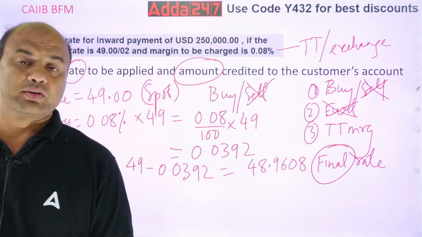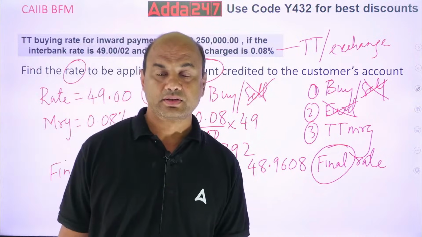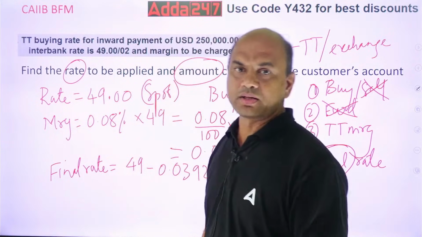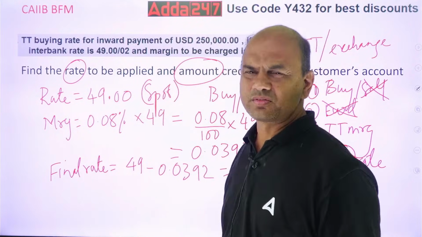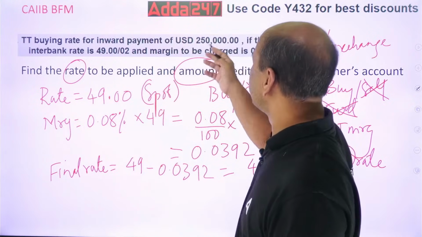But you have been asked two questions now. Which are the two questions? Second question is amount. What is the amount? Amount is simple now. For calculating the amount, just multiply the rate with the dollars, 2,50,000.